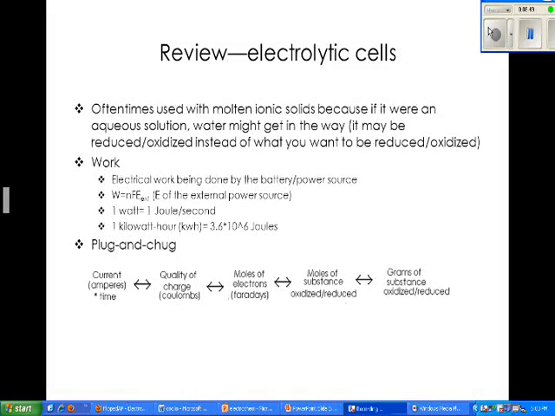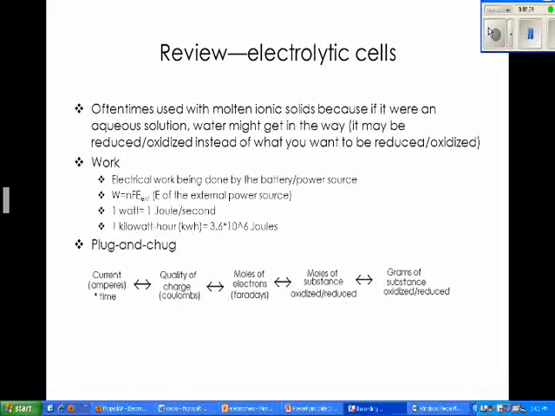And work, which is the work provided by the external power source, like the battery, one equation is work equals NFE external, where E is of the external power source, N is still the number of electrons, and F is still the same constant. 1 watt equals 1 joule per second, and 1 kilowatt hour is 3.6 times 10 to the 6 joules.